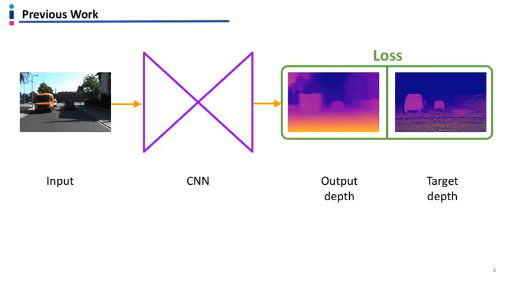In previous work, supervised monocular methods mainly focused on the single image setting, in which several works trained deep convolutional neural networks to directly regress raw pixels to depth values. The weights of the CNN are updated by backpropagating well-designed losses that calculate the distance between output depth and target depth.